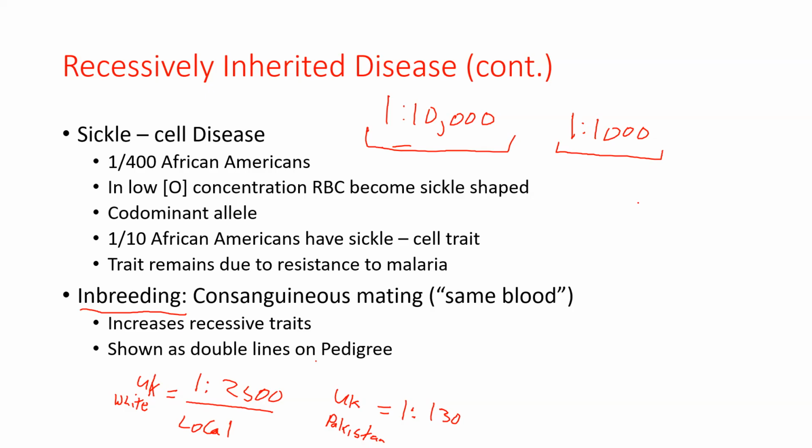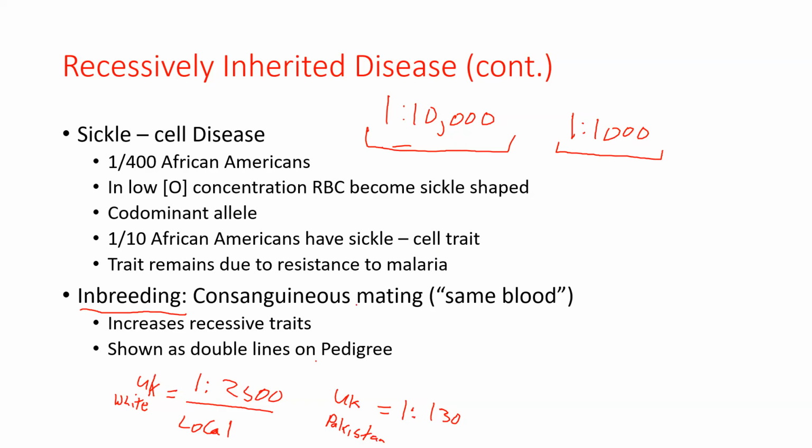So the probability that two people with the lethal allele will come together and have a child that will die from the lethal allele is 10 times more than if they were breeding in the wider population, right? So therefore, breeding within small groups and keeping breeding within small groups will amplify the existence of negative genes and therefore can lead to problems, okay?